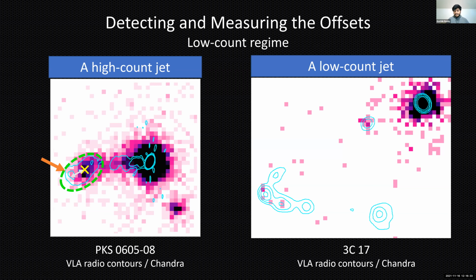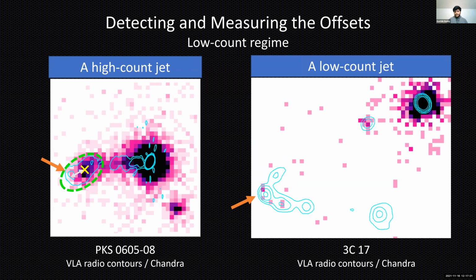One problem with low-count jets is that, for example, let's take this knot. We have only about 5 counts in this region. There can be contribution from the background. There can be contribution from the bright core. Now, even if we knew the contributions of these two components to this knot, we still wouldn't be able to construct or measure its centroid.